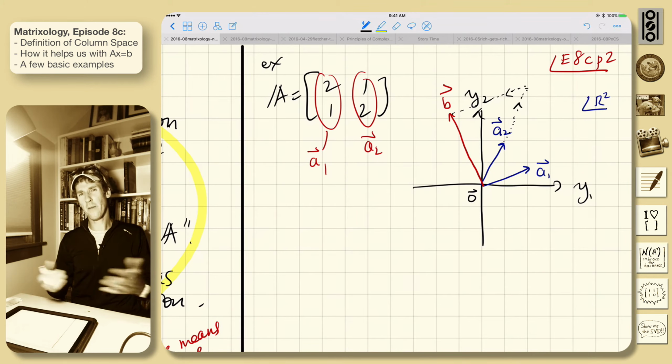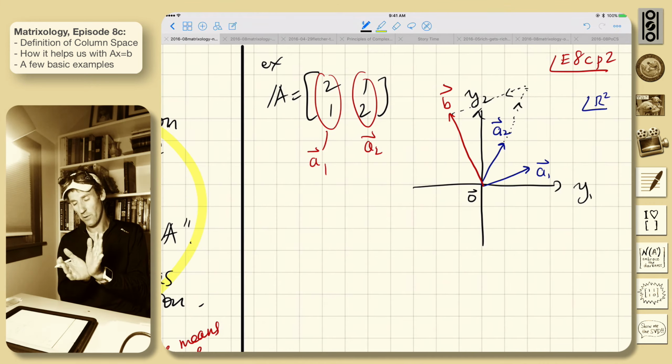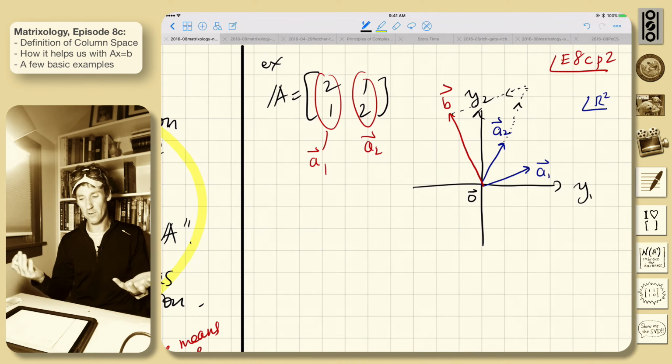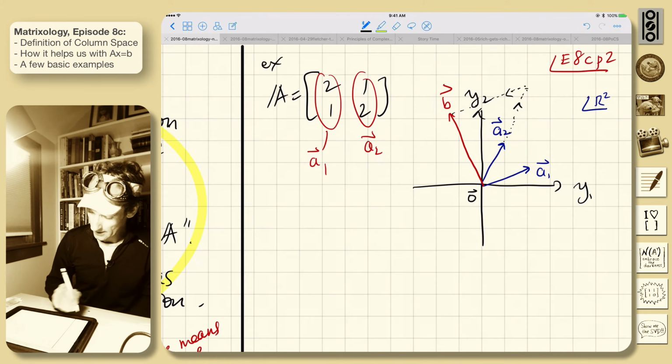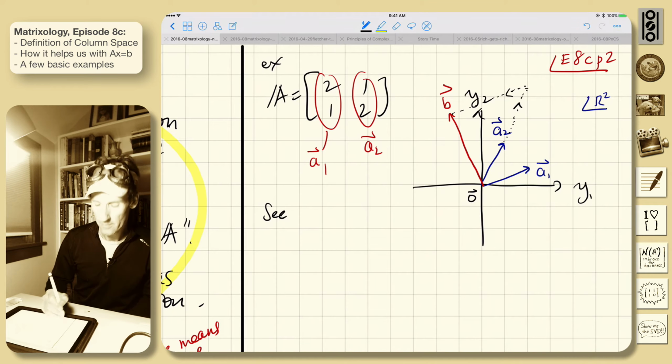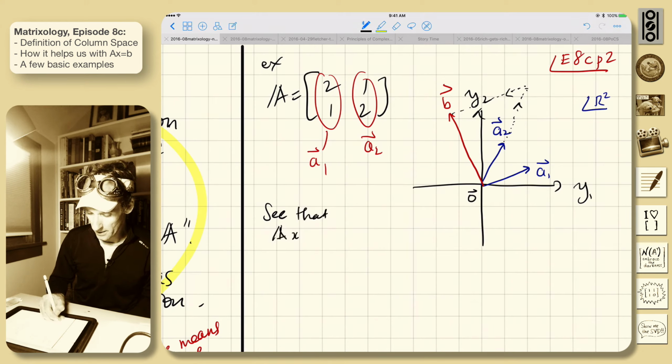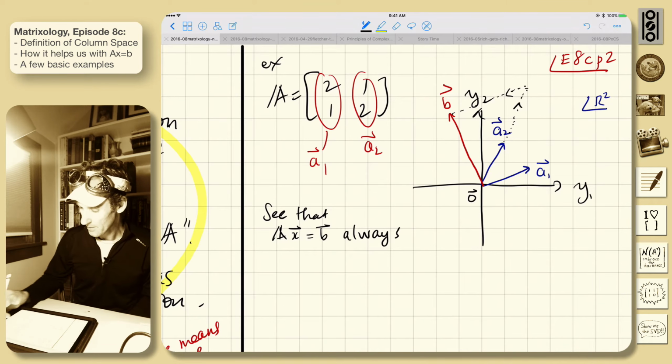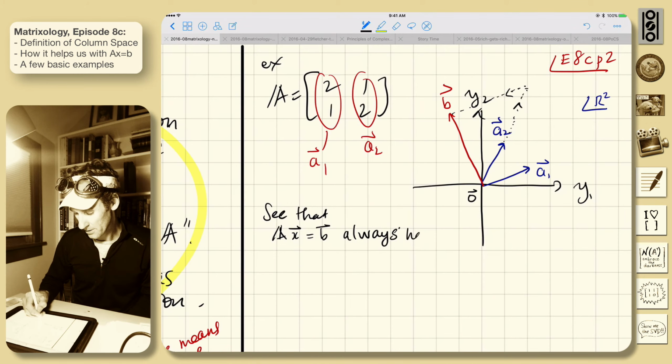And so we can sort of see what's happening. It's just 2 dimensions, and they're not pointing in the same direction. We can fill all of space with linear combinations of these. So we can see, again, still a simple example, that Ax equals b always has a solution, and in fact, it's unique.